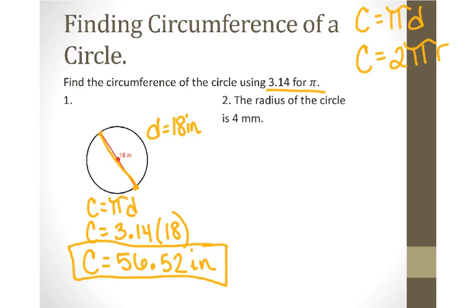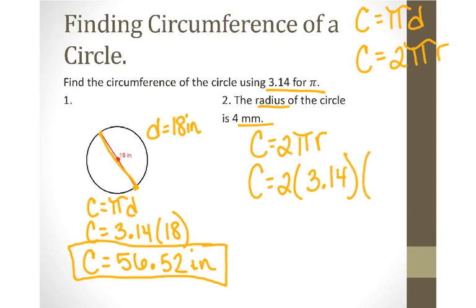All right, looking at number 2 then. So I need to find the circumference, but now they give me the radius of the circle being 4 millimeters. So they don't give me the figure anymore, but they tell me radius is 4 millimeters. Since they're giving me the radius, I'm going to use the formula circumference is equal to 2 pi r. So that means now filling in what I know, circumference is equal to 2 times pi, which is 3.14, times the radius, which they tell me is 4.